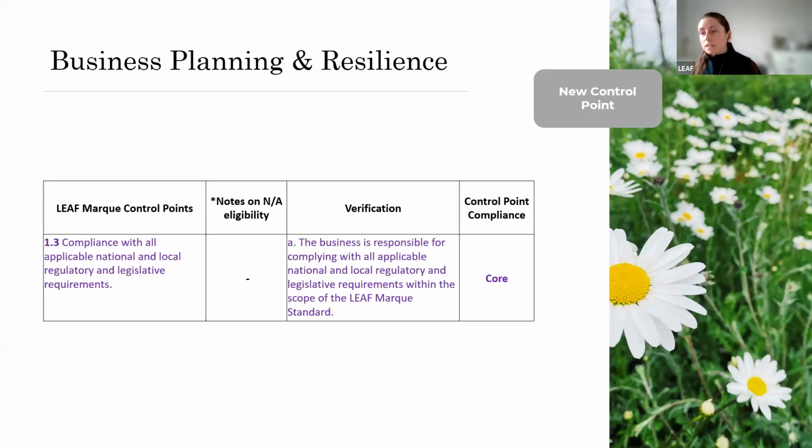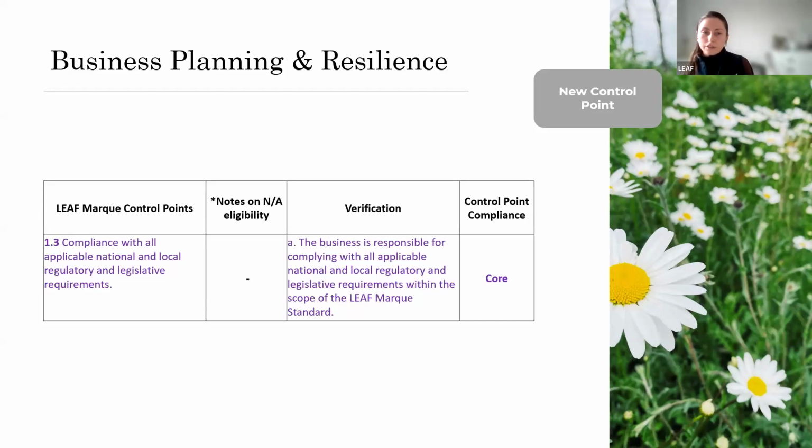This control point focuses on compliance with applicable national and local legal requirements that are relevant to the scope and focus of the LEAF Marque standard. And this control point aims to address how local and national legislation can provide context-specific rules and guidance that are important for businesses to follow to address different sustainability issues in their locality.